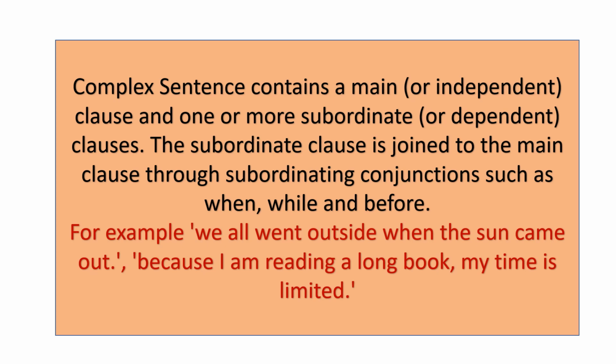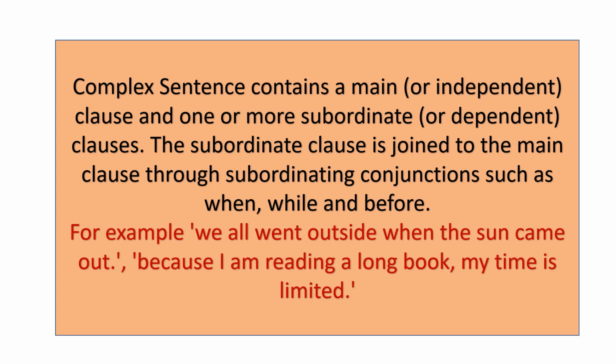For example, we all went outside when the sun came out. Because I am reading a long book, my time is limited. So in both of these examples, you can see that the subordinate clause is connected to the main clause through subordinating conjunctions like when, while, and before.